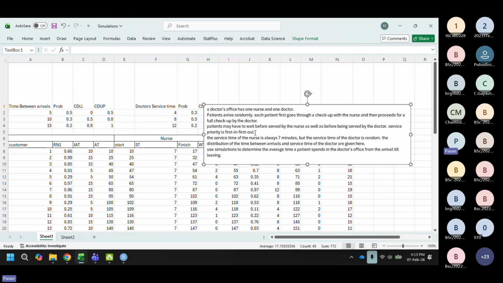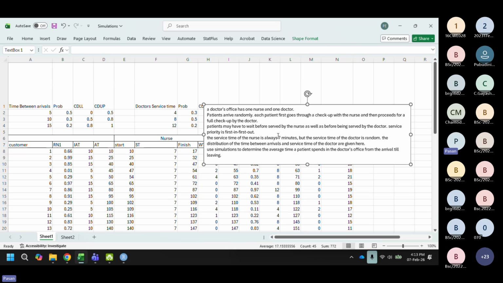So you have to be careful if you're going to change that, right? Therefore practically we are saying that we always serve first come first out, right? So then we have that service rate, and to make it simple, the service time for the nurse is always 7 minutes, right?